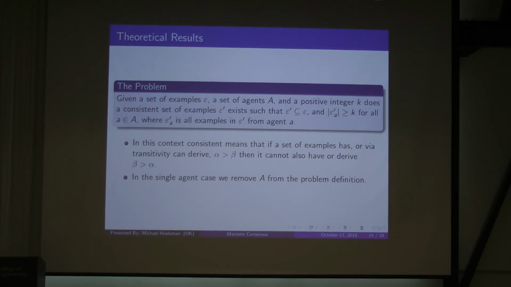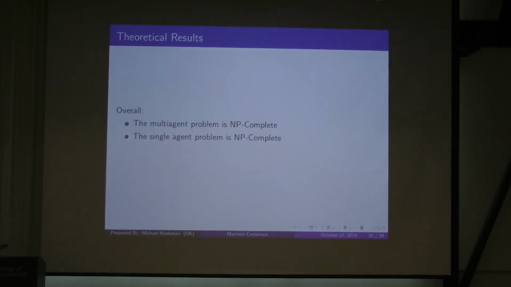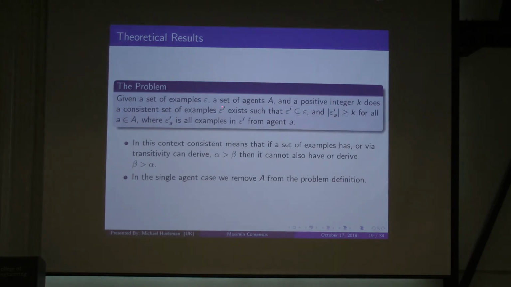What consistent means here is that if we say that alpha is better than beta, we can't derive that beta is better than alpha, so there aren't any conflicts in that sense. And we want to see if there is this epsilon prime that's a subset of epsilon, such that the number of satisfied examples for an agent is at least k. So that's the decision version of the problem.